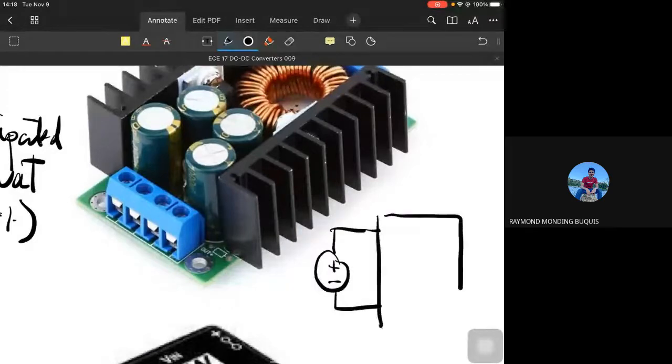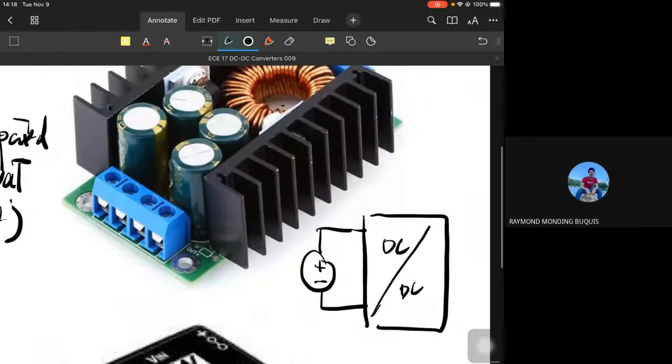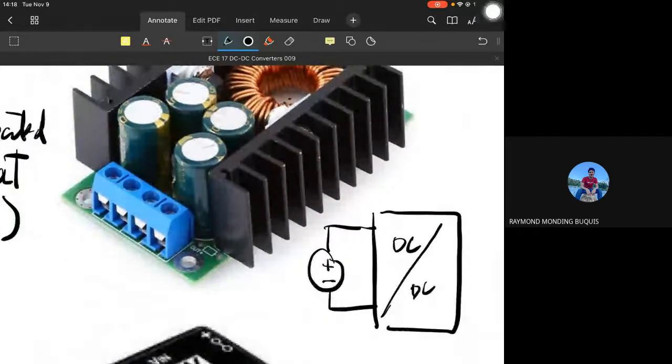So let's say this is a DC to DC converter. And that is the conventional way of drawing a DC to DC converter in block diagram form. We do not necessarily need to know the circuit inside. It is the same as with the transformer.